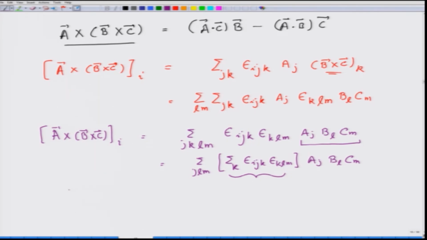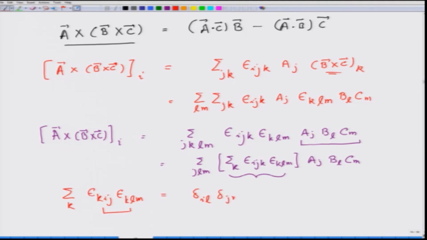Now, I already gave you the property that epsilon_kij epsilon_klm summed over k is nothing but delta_il delta_jm minus delta_im delta_jl, first the direct terms.